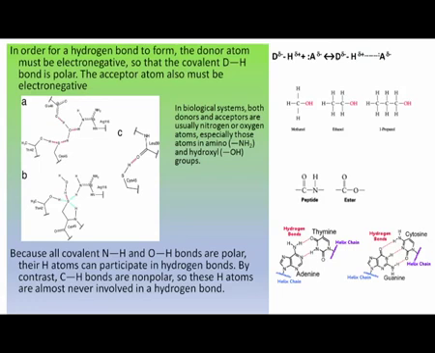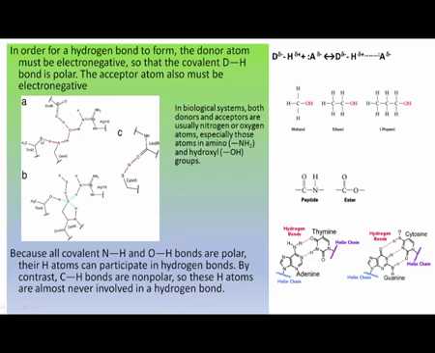So, in order for the hydrogen bond to form, the donor atom must be electronegative, as is shown in this case. So, the oxygen is electronegative in water. If you look at any of these interactions where some amino acid, for example, cysteine is interacting with threonine. So, cysteine has this S, which is electronegative, interacting with hydrogen, which is again covalently bound with oxygen.